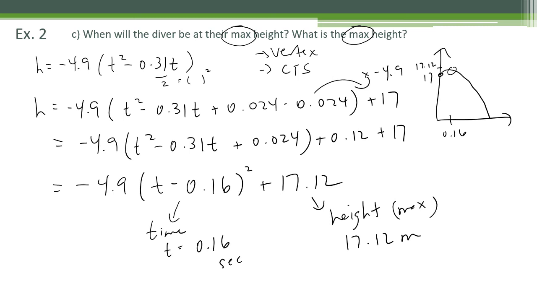So when will the diver be at their max height? 0.16 seconds. What is the max height? 17.12 meters. I'm just going to write therefore, therefore that, and therefore that. And you guys can clean that up if it was a test question. Make it a bit more formal.